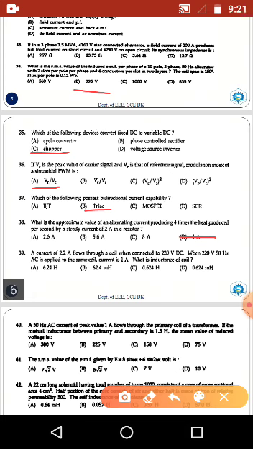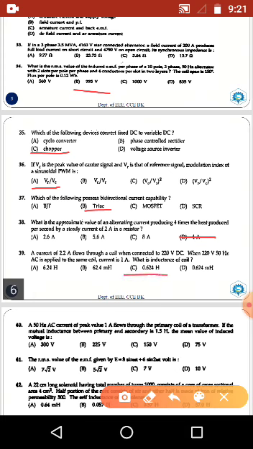Impedance equals root of R square plus reactance square. From that we will get the reactance. Reactance is nothing but omega into L, where omega is 2 pi f. So, from there we get the inductance of coil to be equal to 0.624 Henry. Answer is option C.